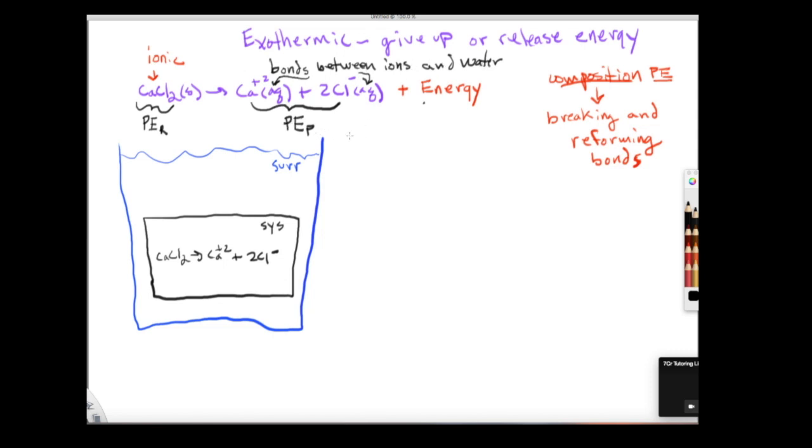All right, and for an exothermic reaction, the potential energy of the reactants is going to be greater than the potential energy of the products. And if you're wondering then, okay, so where did the other energy go? All right, so if we look at the potential energy of the reactants, this is going to be equal to the potential energy of the products plus kinetic energy.